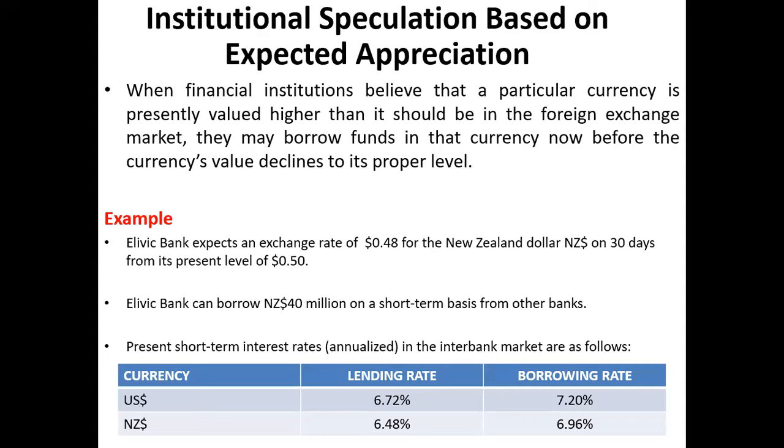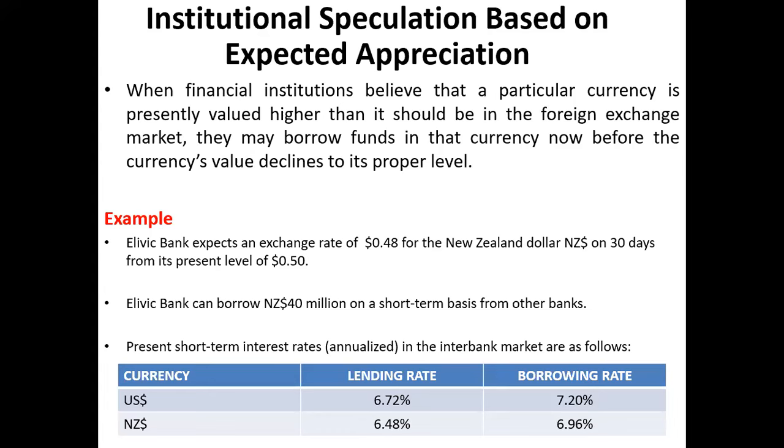Now, here, the question takes another twist and says, if the exchange rate rather falls from 0.50 to 0.48, what will be your answer? In this one, you have to borrow from New Zealand and invest in US, because in that scenario, the US dollar will appreciate and the New Zealand dollar will depreciate.